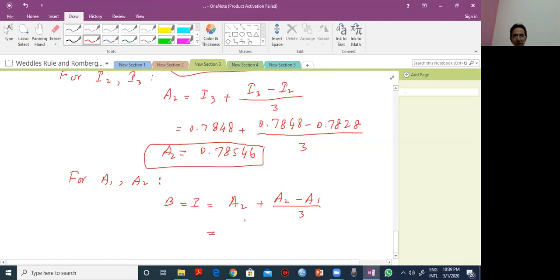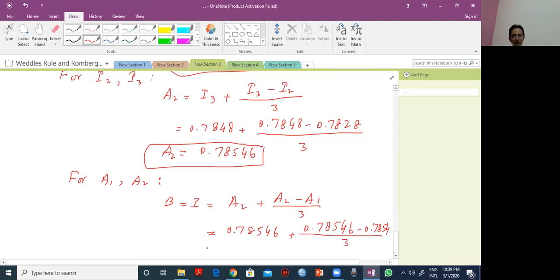So A2 is 0.78546 plus 0.78546 minus 0.7854 whole upon 3.